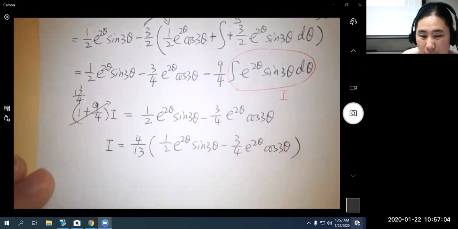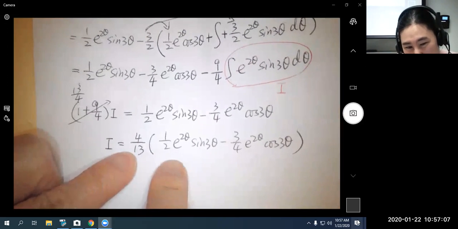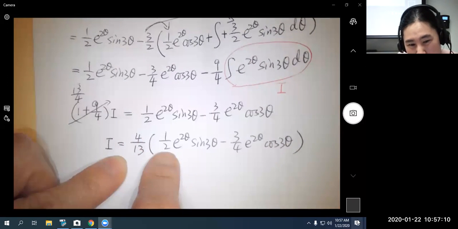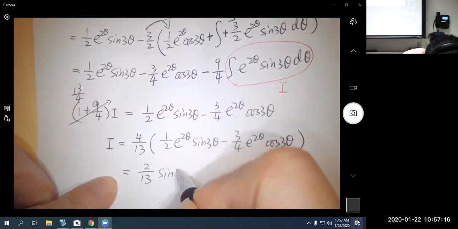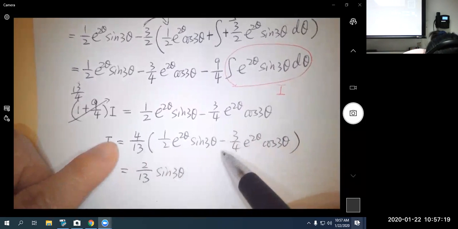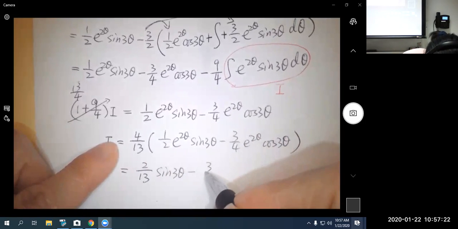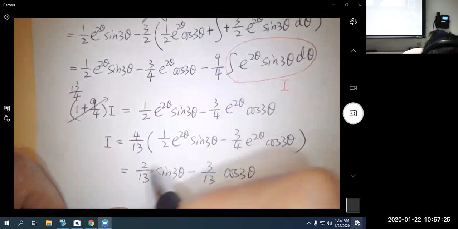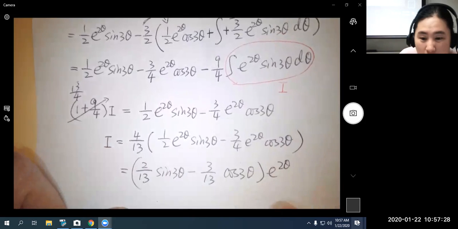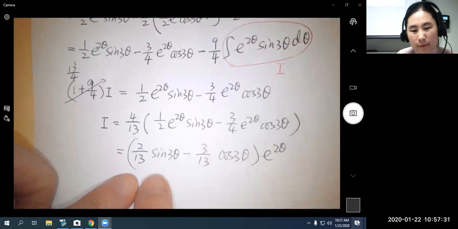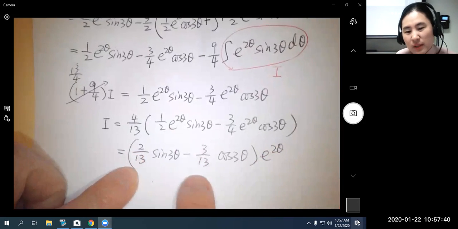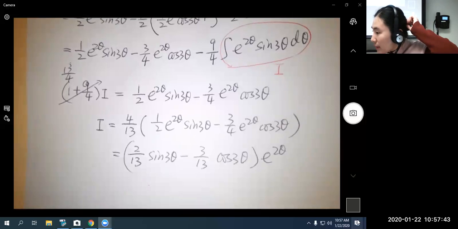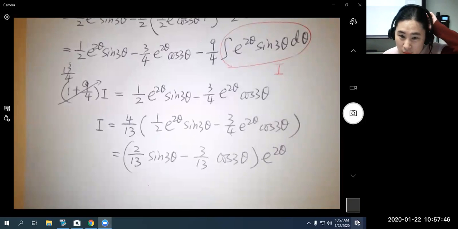We can simplify the coefficients a little bit. 4/13 times 1/2 gives us 2/13 sin of 3 theta. 4/13 times negative 3/4 gives minus 3/13 cosine 3 theta, and then e to the 2 theta. Or you can rewrite this as 2 sin 3 theta minus 3 cosine 3 theta, times e to the 2 theta, divided by 13. Either way. Let me check whether I did this question right or wrong. Yes, we're right.